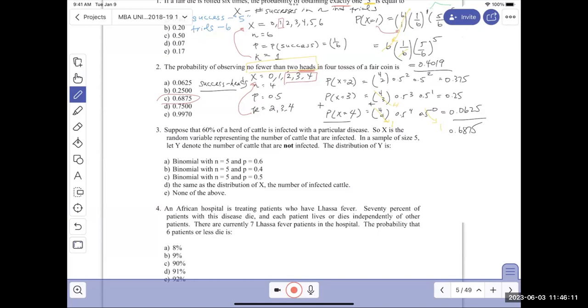What is the distribution of Y? Right, so it's going to be a P of 0.4 and an N of 5.